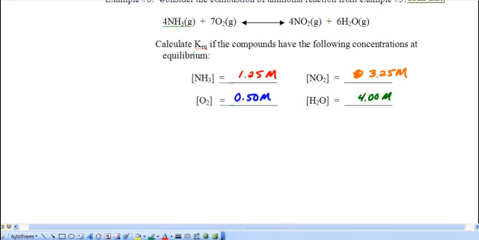Okay, so in example number 6, we need to solve for KEQ.